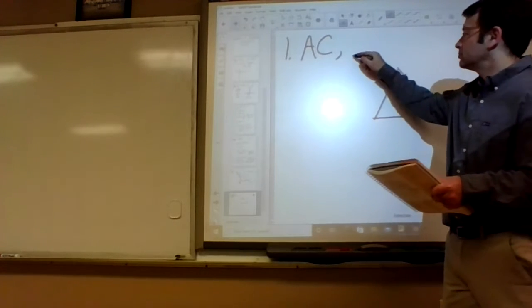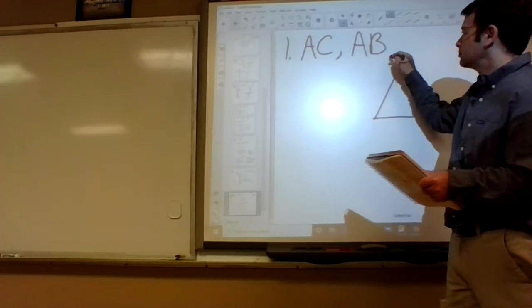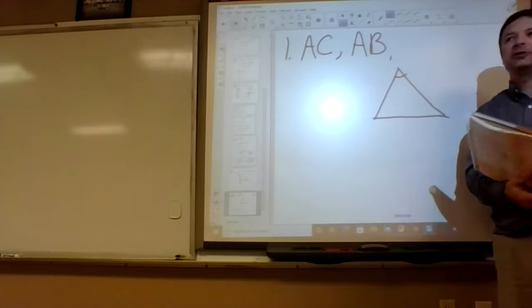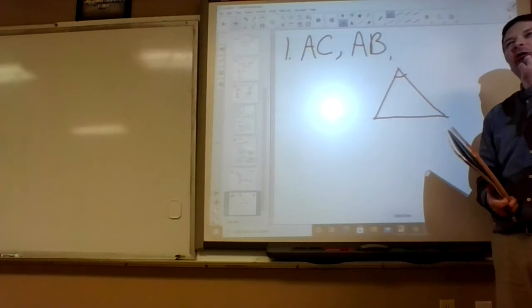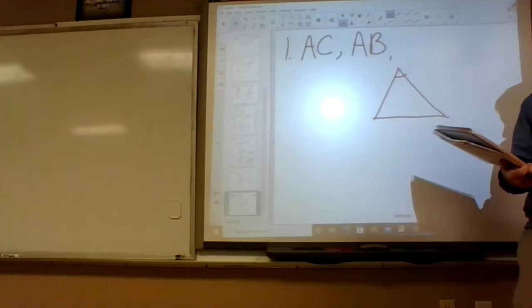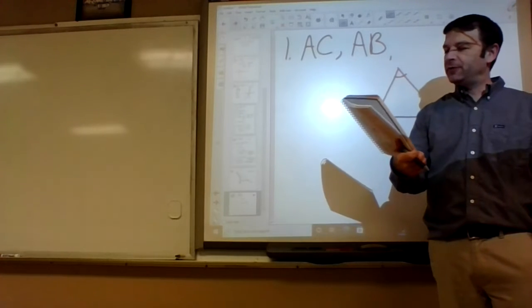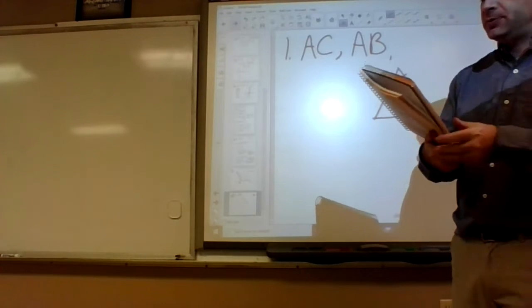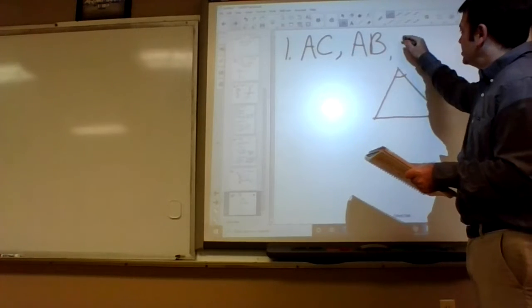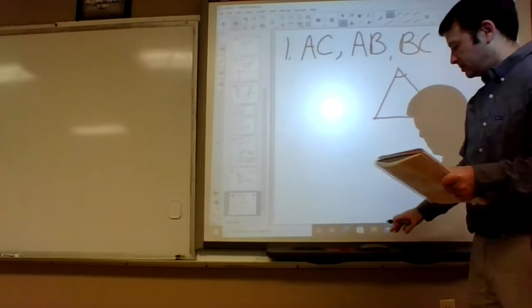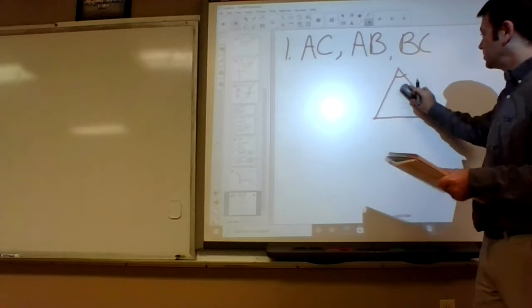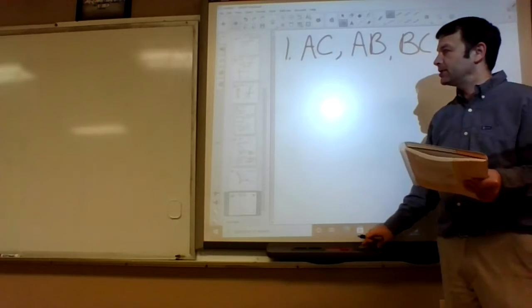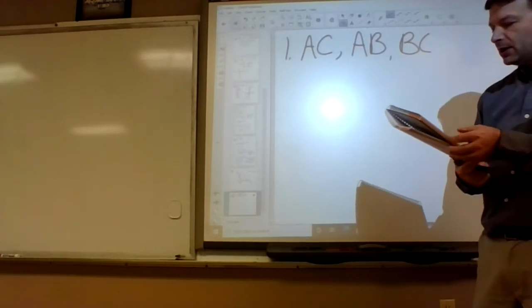AB. Okay, so what does that leave for the largest side? CB, or BC. What do we do if we have two sides that are equal? You just put them right next to each other. Okay.